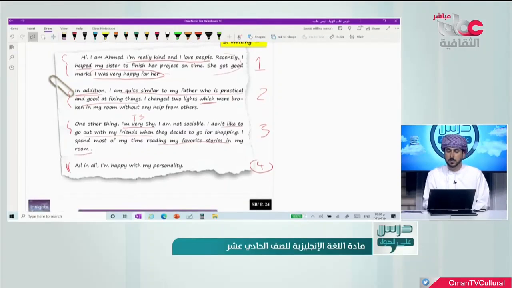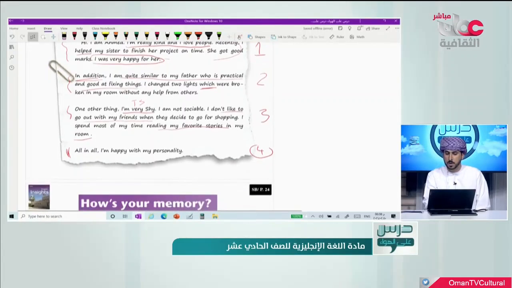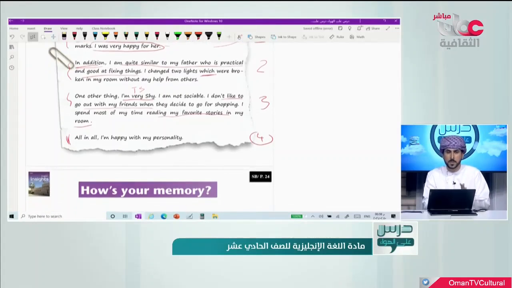And finally, after you get the feedback from a friend or from a teacher, try to edit your piece of writing. It means correct the spelling if you have spelling mistakes, correct the structure of the sentence if you have a problem in it, or the prepositions, or any kind of mistakes that can happen in paragraphs or in an essay.